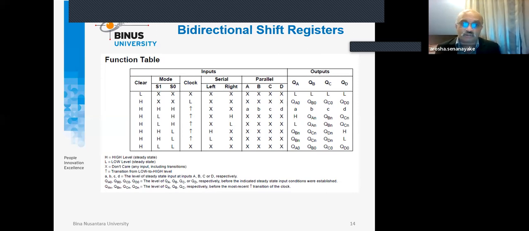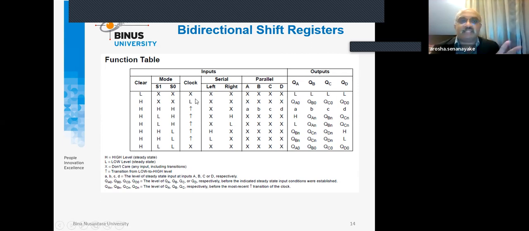Wherever X means don't care, any input can be there, no matter what. Why? Because in this case, whatever the XX value is, the clear signal is activated. So everything will be low, you can see.